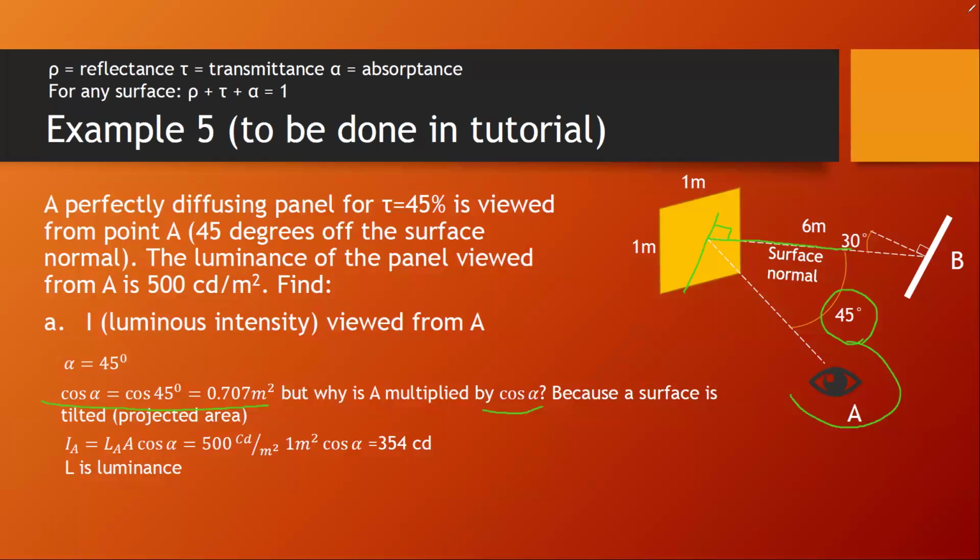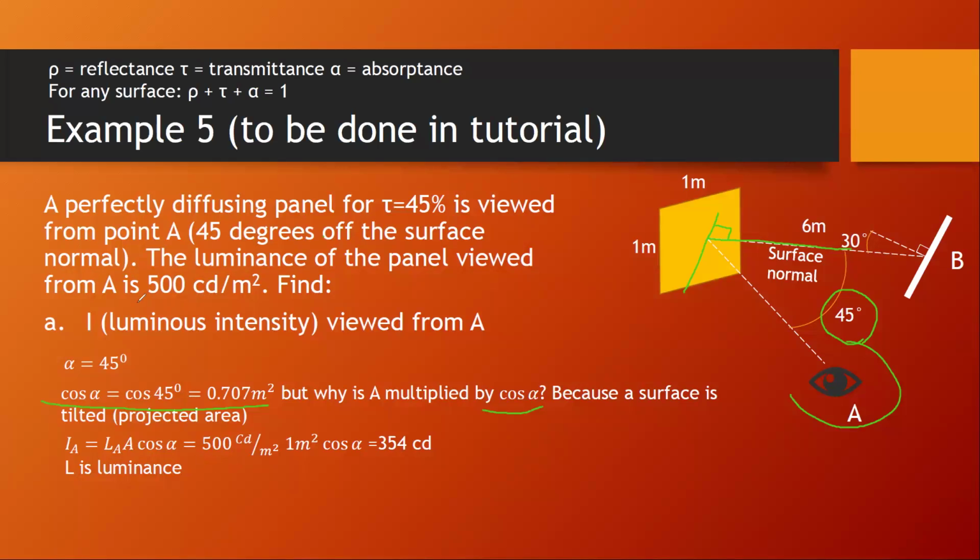And the moment I fully tilt it, all the way to where cos alpha becomes 0, I'm looking at the side, I'm seeing nothing. That's why cos alpha is 0 when it's fully on the side of my eye level. Does it make sense? That is the idea of projected area. That's what it means.